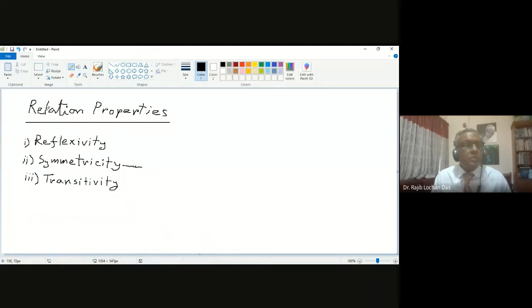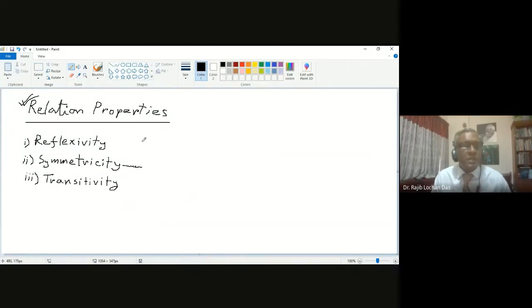What I want to tell you is, any relation can be reflexive or not reflexive. Any relation can be symmetric or not symmetric. Any relation can be transitive or not transitive. So these are the properties.